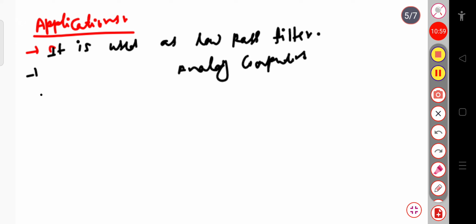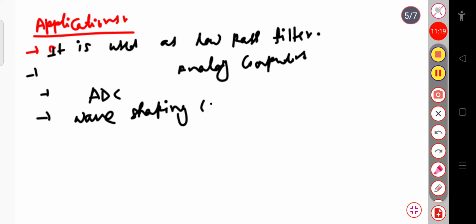It is also used in analog to digital converters, that is ADC. And the next is that it is used as a wave shaping circuit. So these are the applications of the op amp integrator.